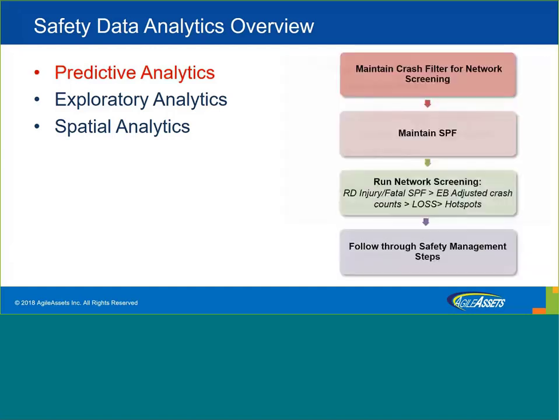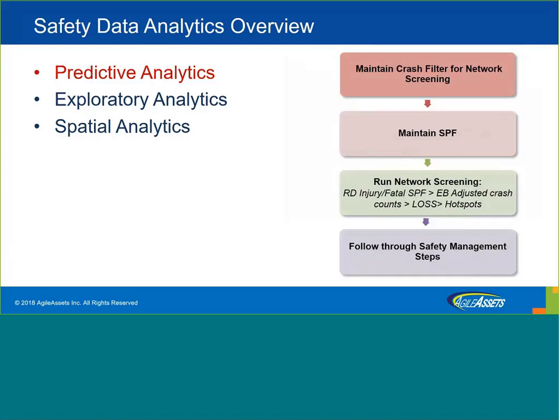This is a generic framework we have in our safety analysis, how this predictive analytic works. We maintain a crash filter in our network screening. We also manage the safety performance function, which is the 6-parameter model. Then we run the network screening. When you are running the network screening, we are basically considering the SPF, and we are computing the empirical Bayes adjusted crash count.